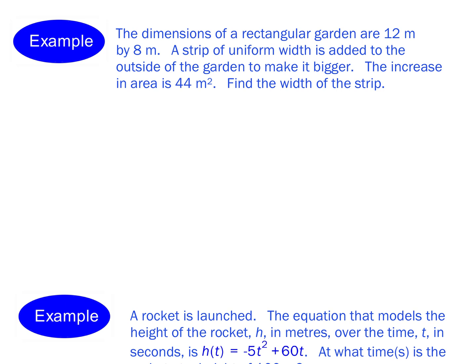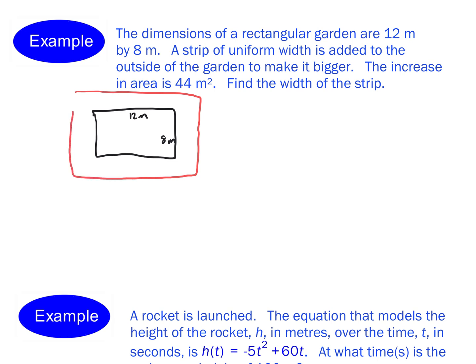So, picture's worth 1,000 words. If we draw the original garden, so that's 12 meters and 8 meters, and then we draw the increase, and although my drawing may suggest otherwise, this is a uniform width around the garden that's being added.